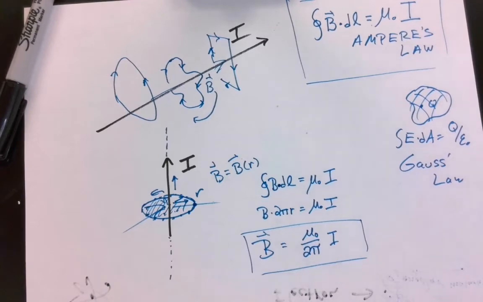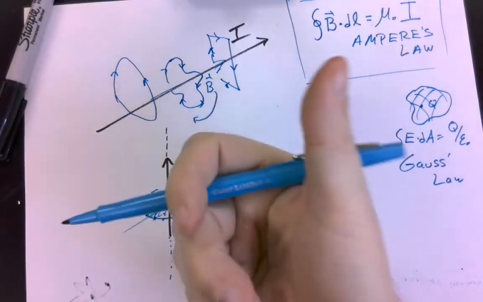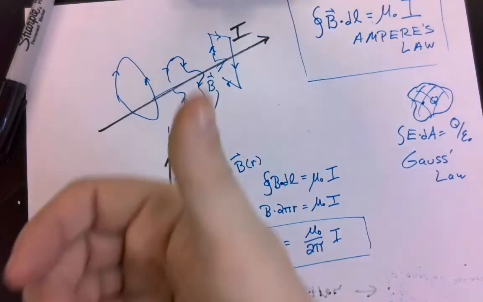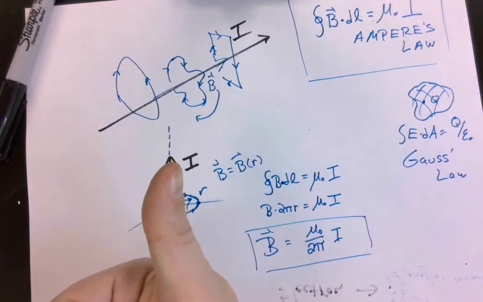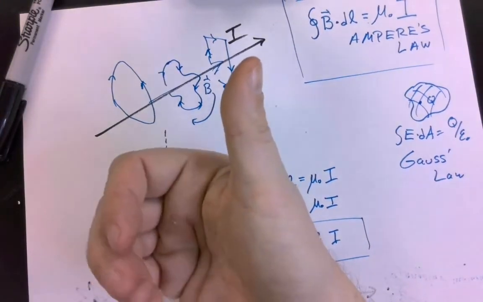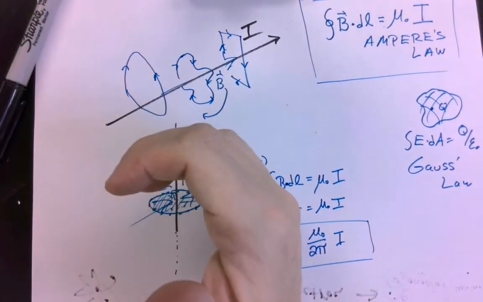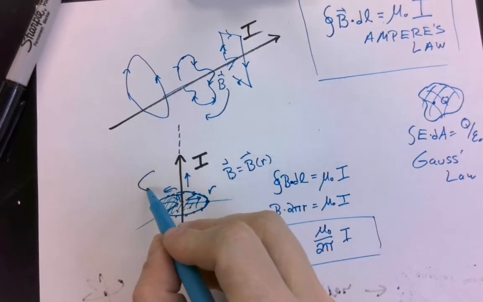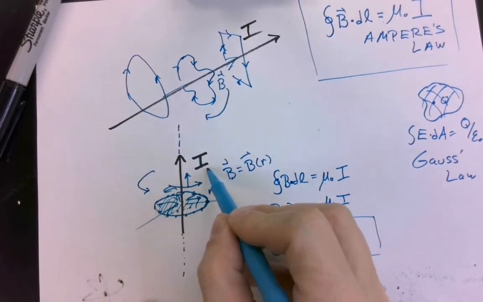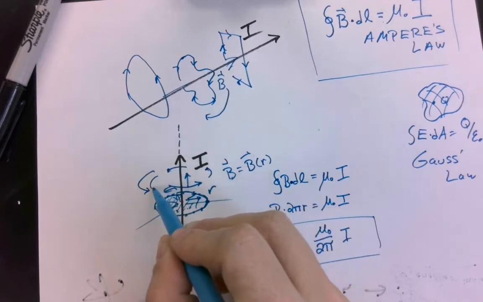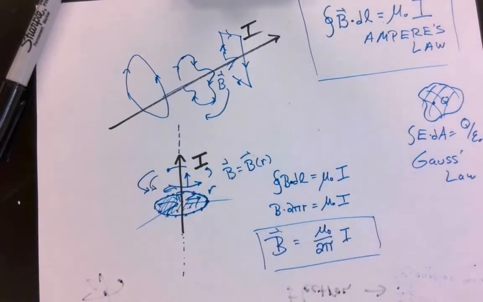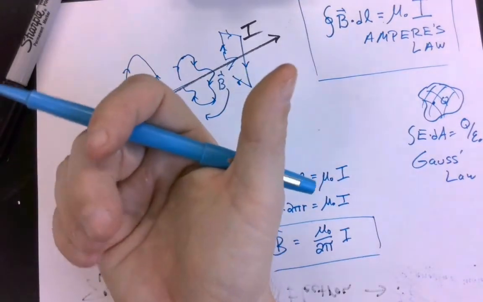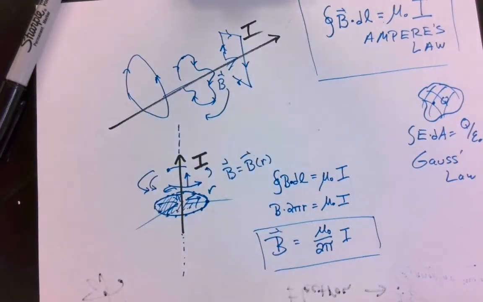The convention for the direction of the magnetic field due to a wire again uses the right-hand rule. If you put your thumb in the direction of the current, the direction that the magnetic field goes around that wire is the direction that your fingers curl. So the magnetic field of a wire wraps around the wire like so.